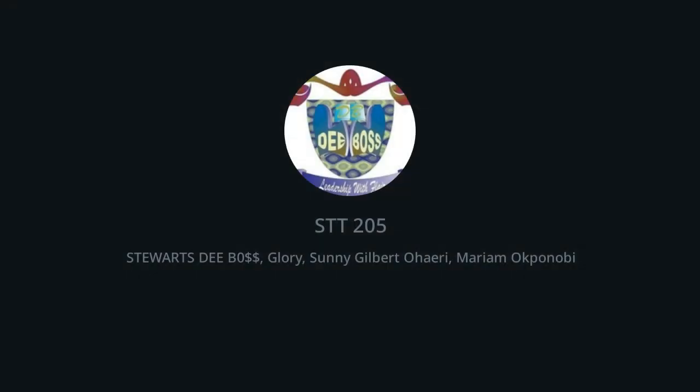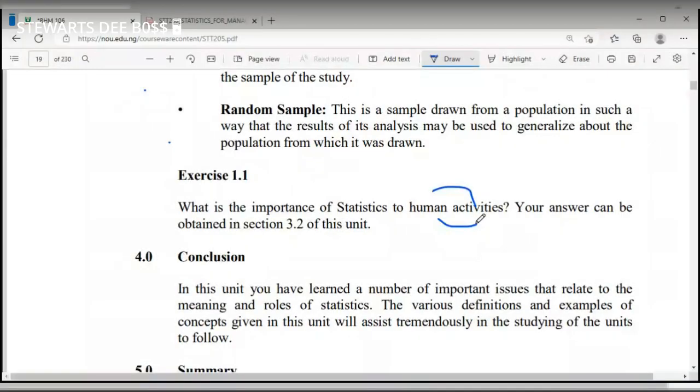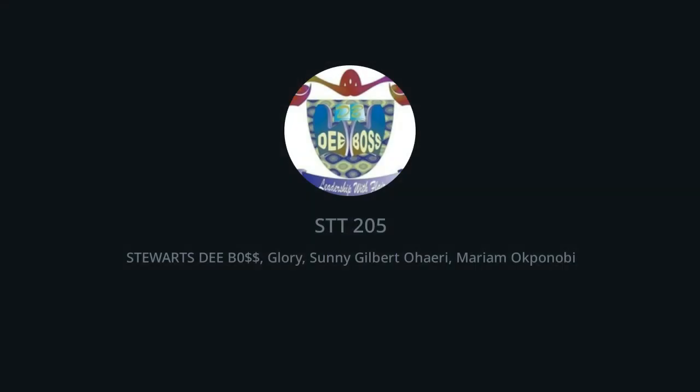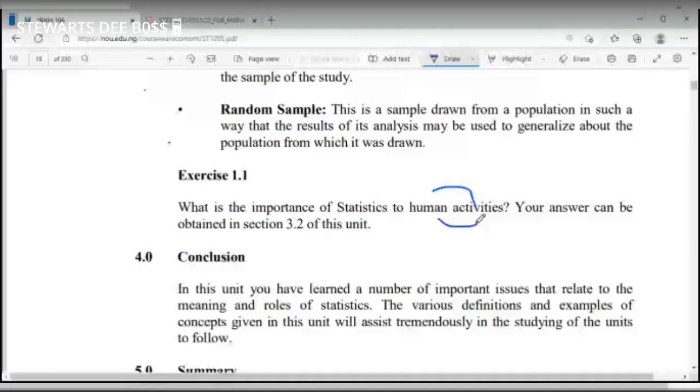Now statistics, as we saw today, is the process of designing, gathering, presenting, and analyzing data. It is concerned with the sample and not the population, as the population is almost impossible to reach.